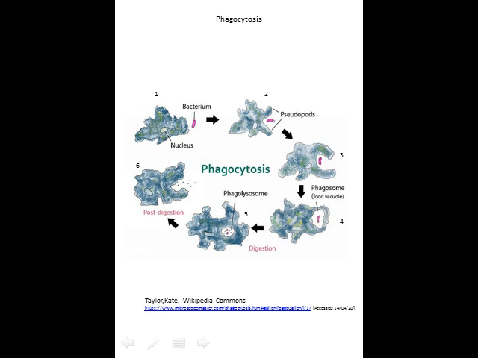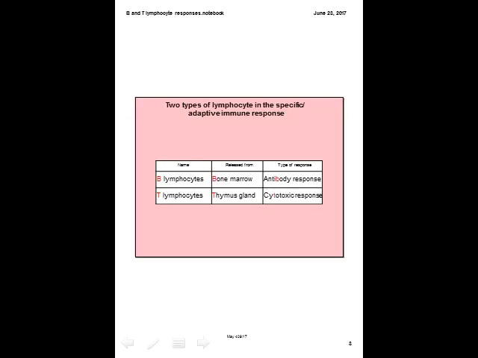So what we're going to do is look at a number of ways that these phagocytic cells actually become involved with the specific or adaptive response. We're going to look at the way that two groups of lymphocytes, white blood cells called lymphocytes, work.